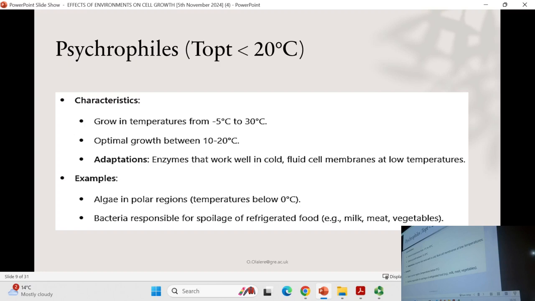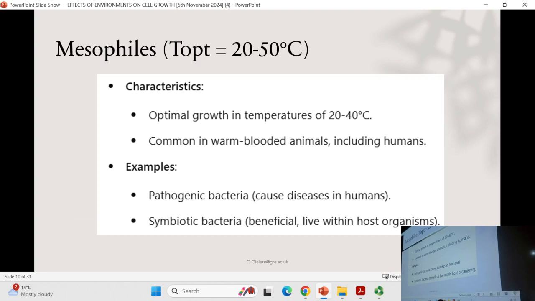But once you have 10 degrees C or 20 degrees C, it's still cold, but microorganisms can still grow on it, especially on meat and vegetables. So very important. Those microorganisms that grow on all this food are psychrophiles.